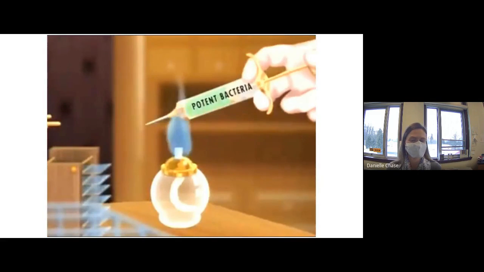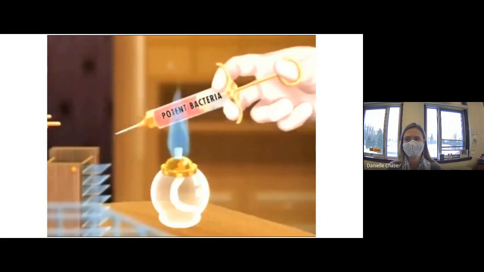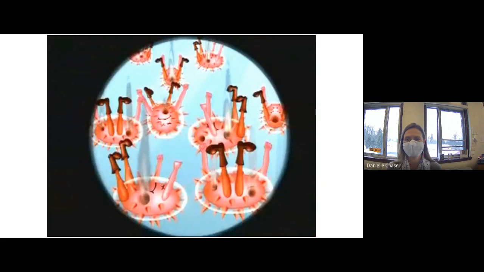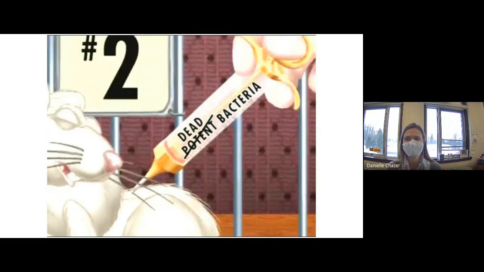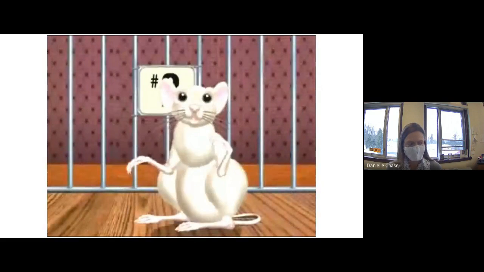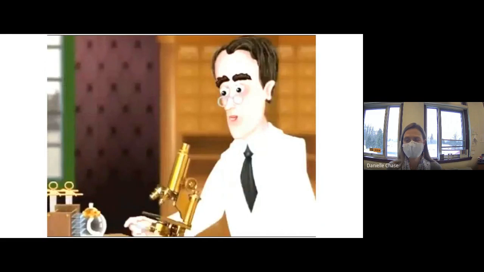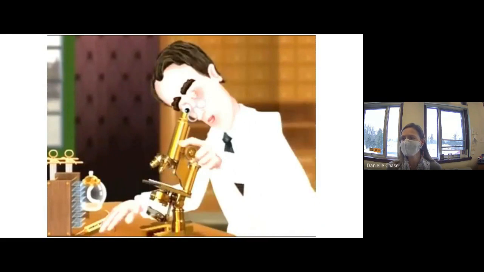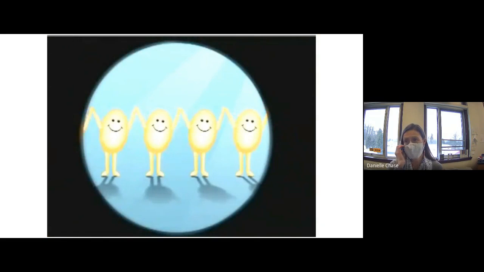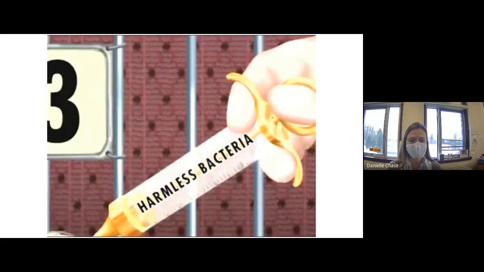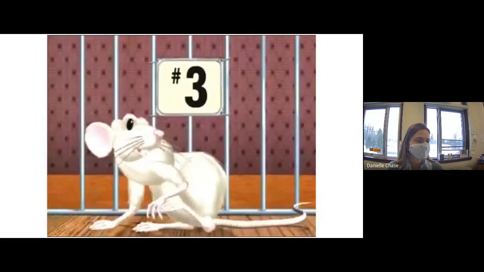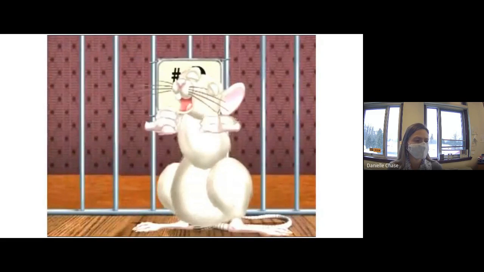His next step was to kill these bacteria by heating them. When he injected the dead bacteria into a second mouse, nothing happened. Again, no surprise. Griffith's other strain of pneumococcus lacked the outer capsule of the first and were harmless. When he injected these bacteria into a third mouse, again as expected, they had no effect.